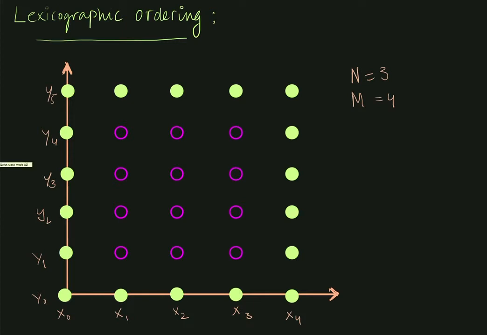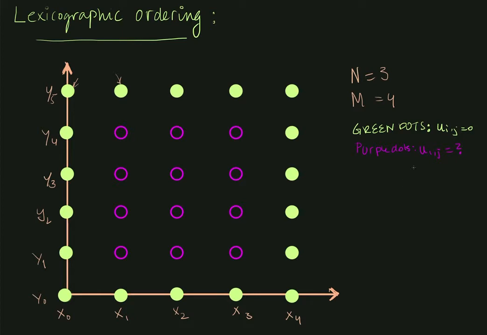The main point with the boundary conditions is that we know the value of u in all of the green points. In the green dots, u_i,j is equal to 0. And the purple dots are the dots in which we need to find u_i,j by solving our matrix equation.